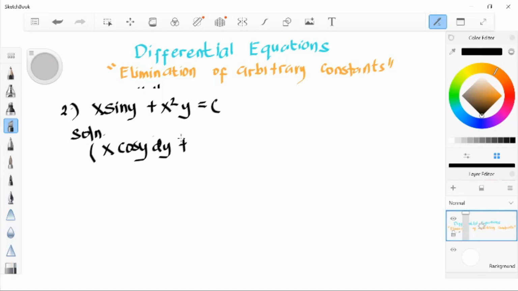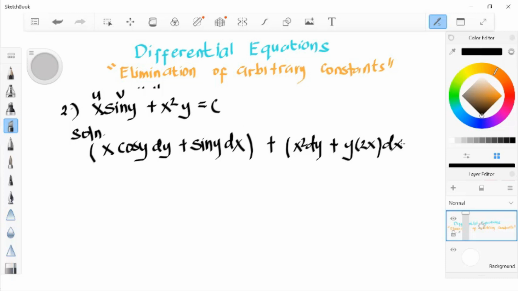Plus v du. Copy v, sine y, times the derivative of u, which is nothing but dx. Plus again, this is product rule again. Copy x squared, the derivative of y is dy. Plus copy y again, the derivative of x squared is nothing but 2x dx.